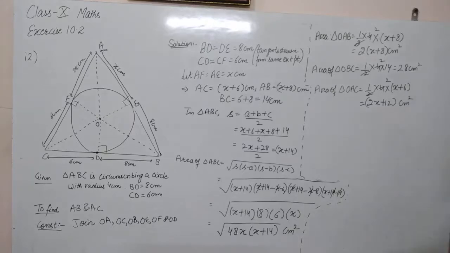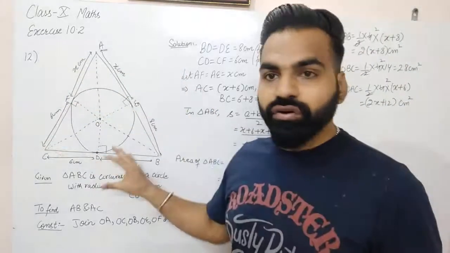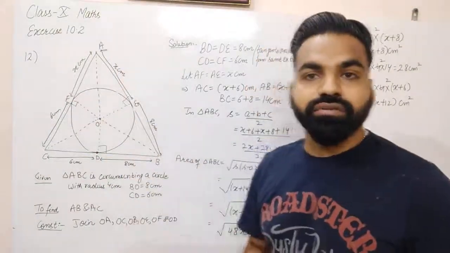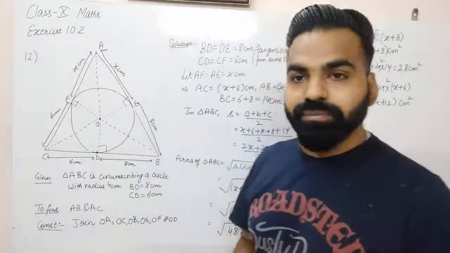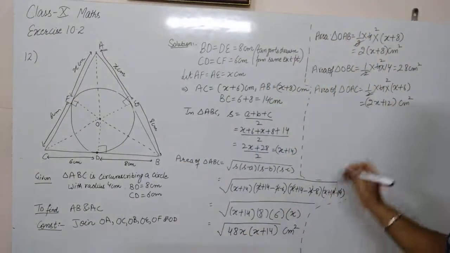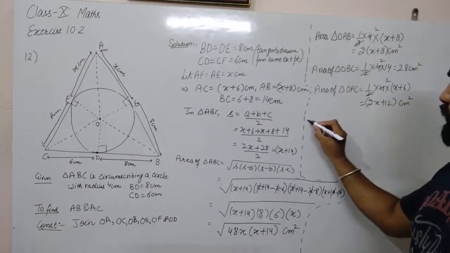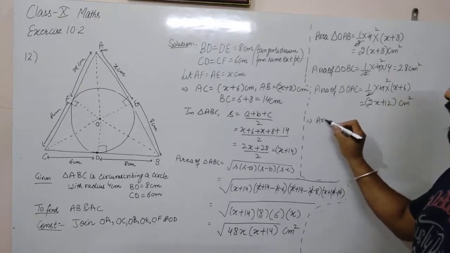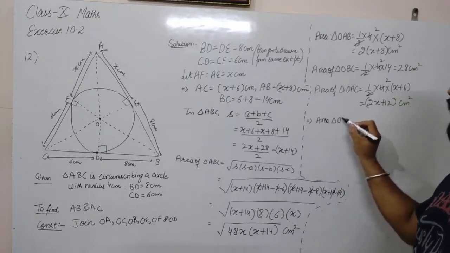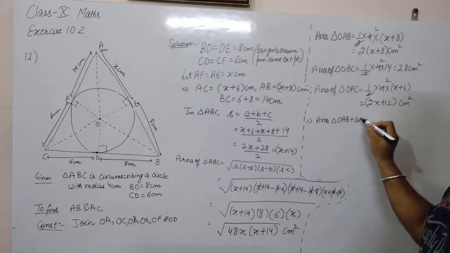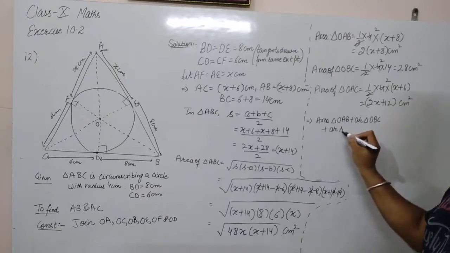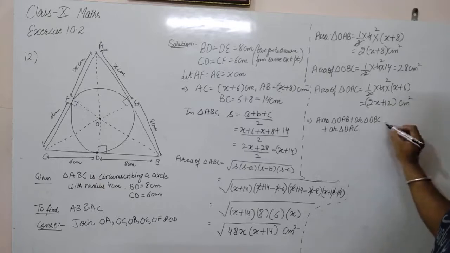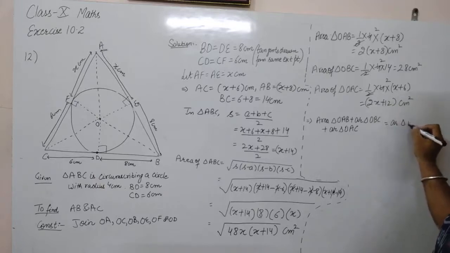Clear everyone? Now we have found the area of the whole triangle, and the sum of the areas of these three triangles separately will be equal to this area. So now, area of triangle OAB plus area of triangle OBC plus area of triangle OAC will be equal to area of triangle ABC.